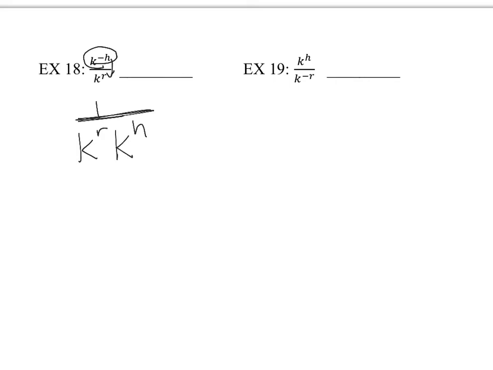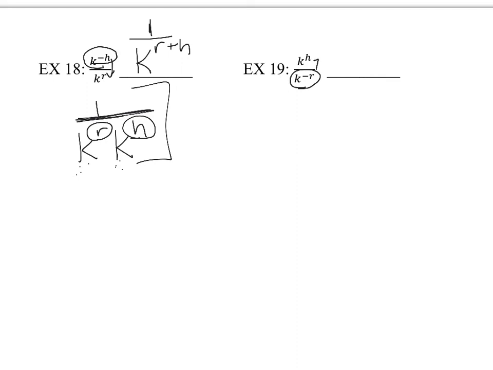Now technically, because these guys have the same base, you can then combine the exponents by adding. So really, the most simplified version of this answer would be 1 over k to the r plus h. If you left it like that for now, I would take that. So now number 19, this guy is in the denominator.